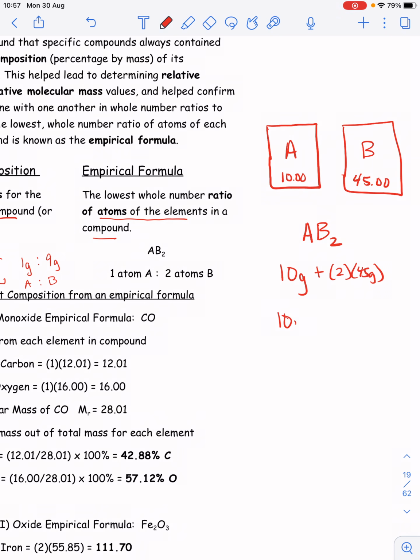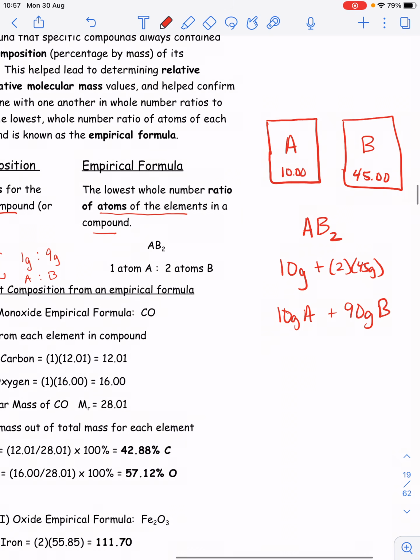So we have 10 grams of A, and we have 90 grams of B. So even though there were twice as many atoms of B, there's a lot more mass from B because the B atoms are heavier. And so now, 10 grams A, 90 grams B, if we talked about percent by mass, 10% of this compound is A and 90% of this compound is B.